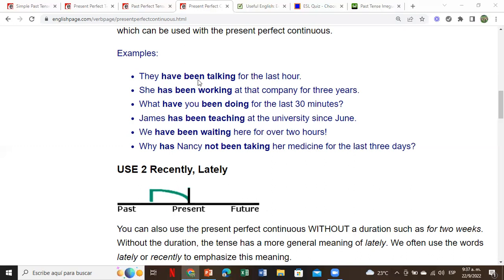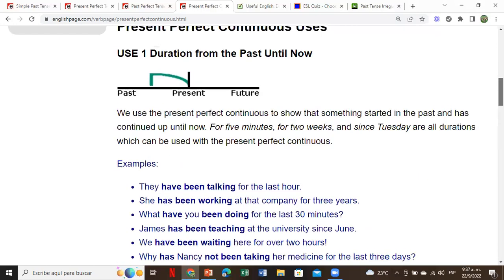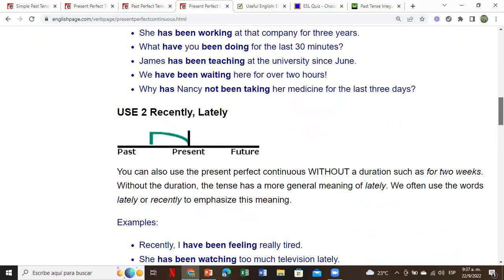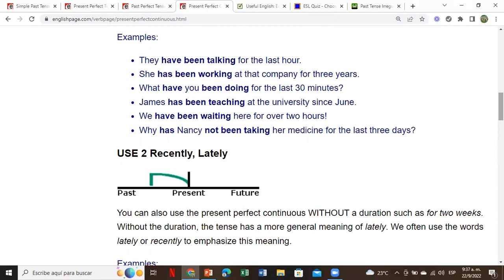Why has Nancy not been taking her medicine for the last 3 days? Thank you so much. Ok. Present perfect. Talking, working, doing, teaching, waiting, and taking.